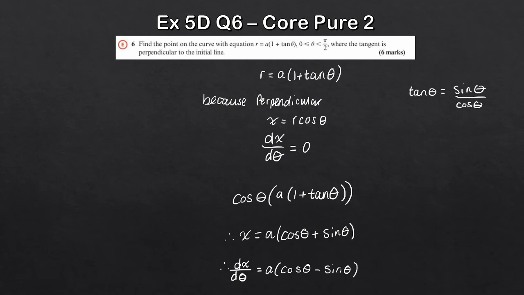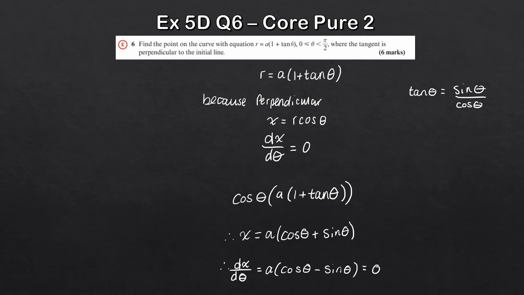Because essentially what you'd have is a cos theta plus a sin theta, just differentiate both of them individually. And we know this is equal to 0 now. So we just need to work out theta. But we do need a eventually to work out that x coordinate.